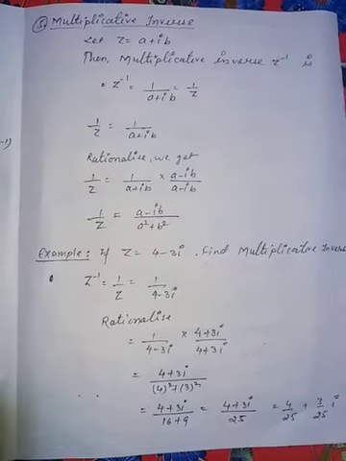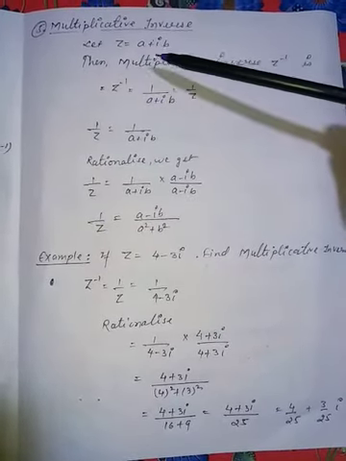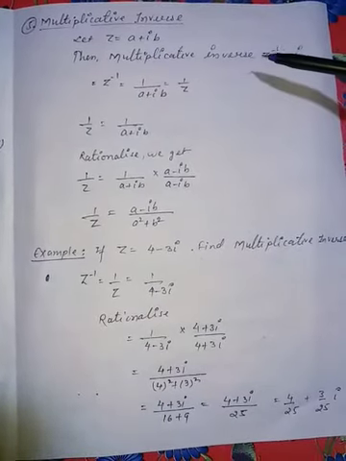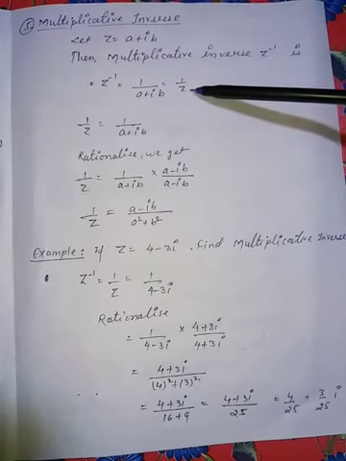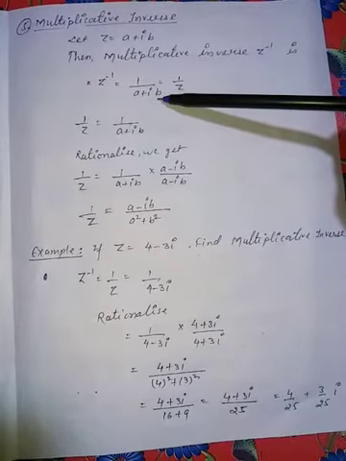Let z equal to a plus ib, then multiplicative inverse, that is z to power minus 1, is 1 upon z, that is 1 by a plus ib.